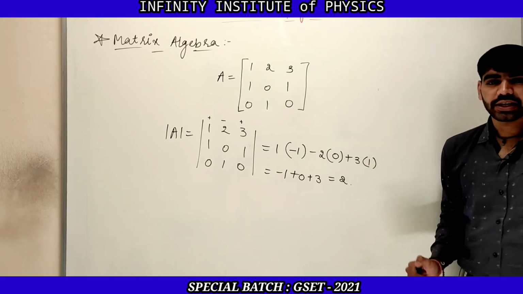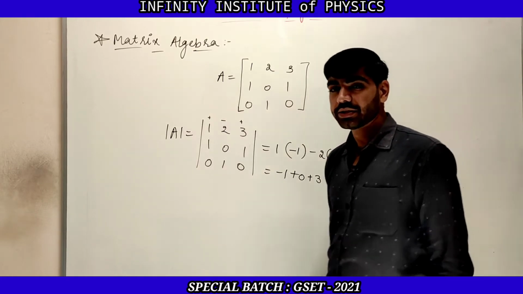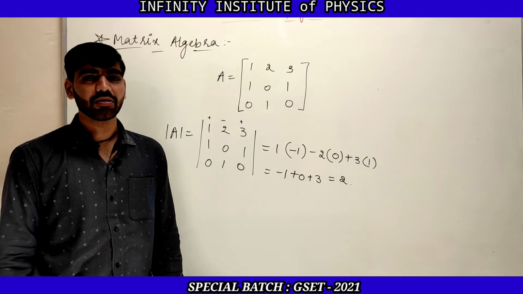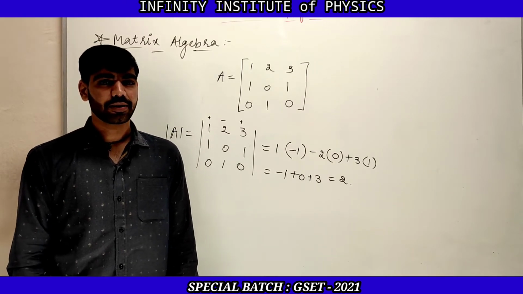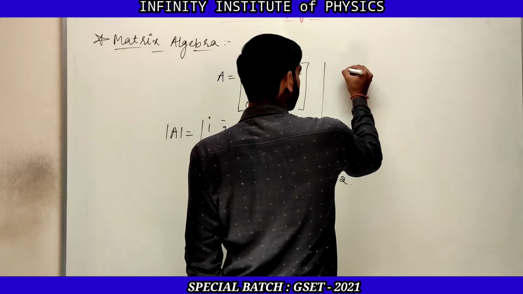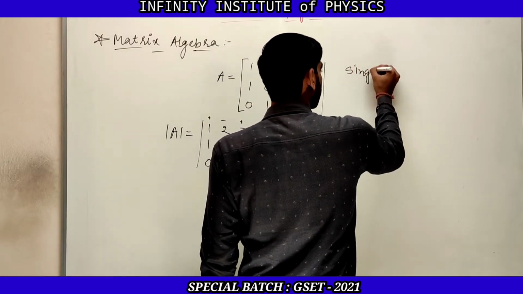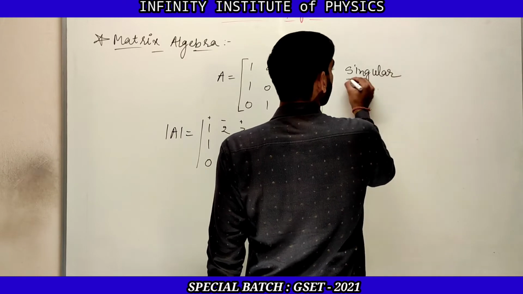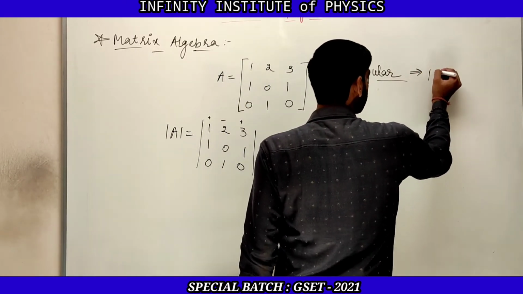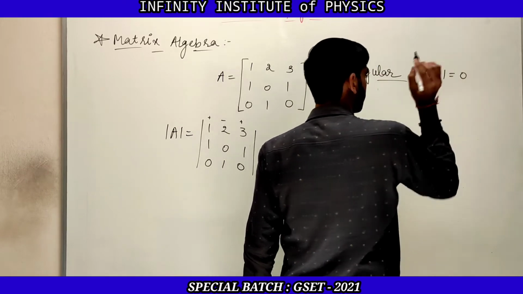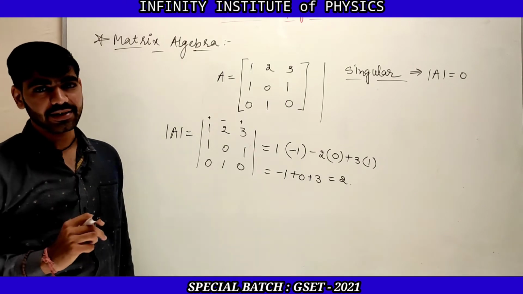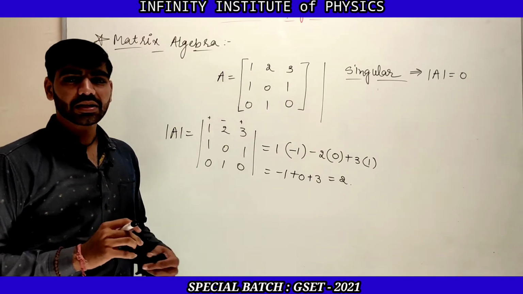Now from the determinant we have one more definition, and that definition is for singular matrix and non-singular matrix. A matrix is said to be singular if it has determinant 0.